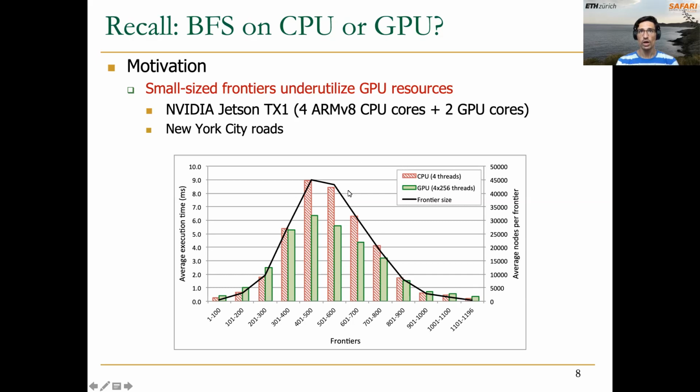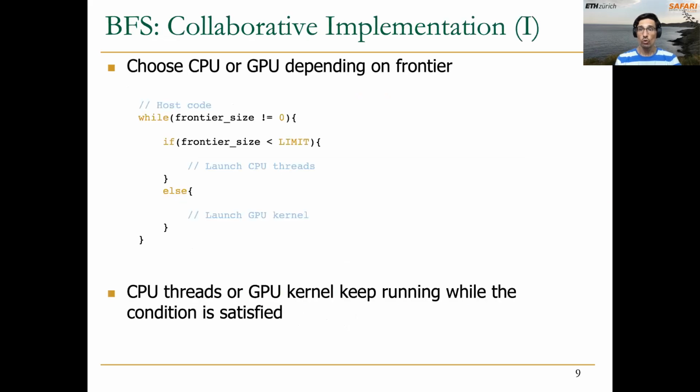While we are here in the middle, we see that the GPU is significantly faster than the CPU because there are many more nodes in this frontier, so there is much more parallelism. So we choose the CPU or the GPU depending on the frontier. In this sense, we are going to have a limit or a threshold to decide when to use one device or the other device.